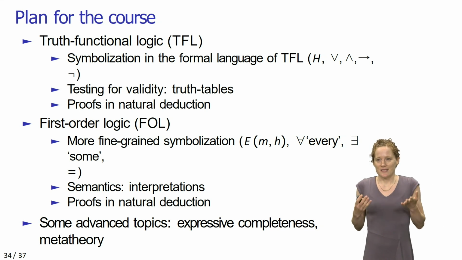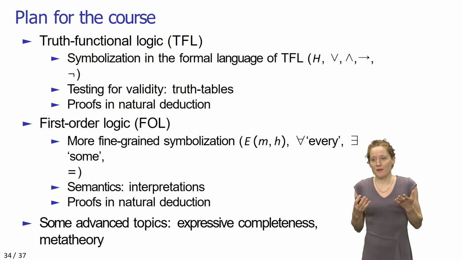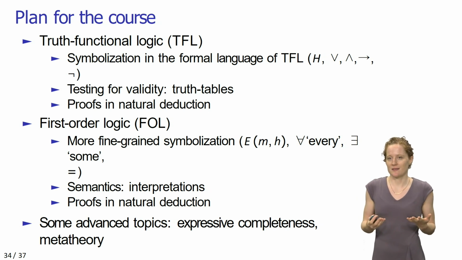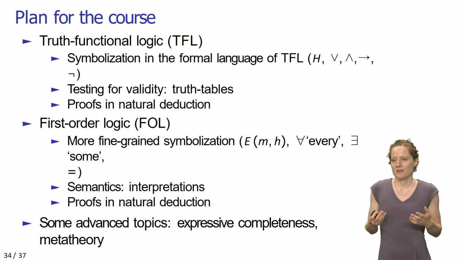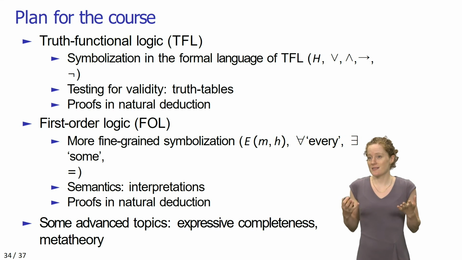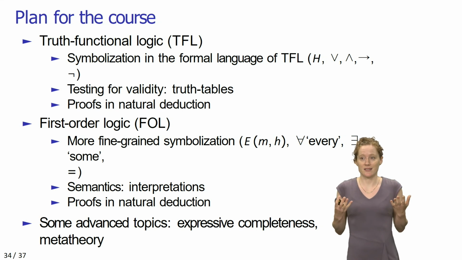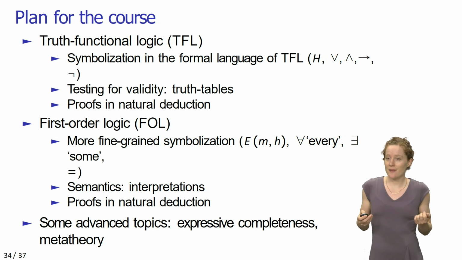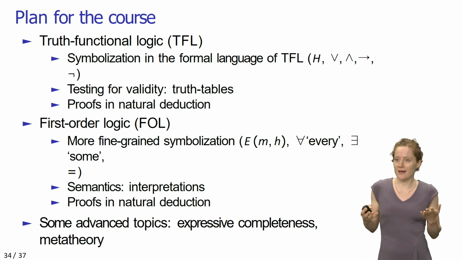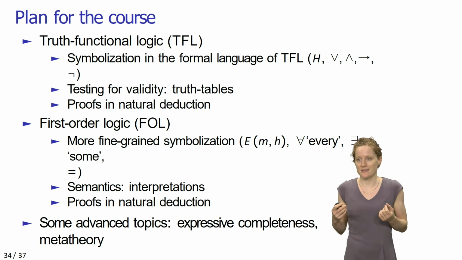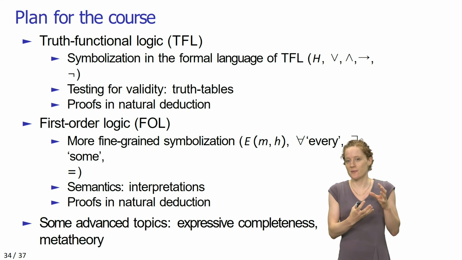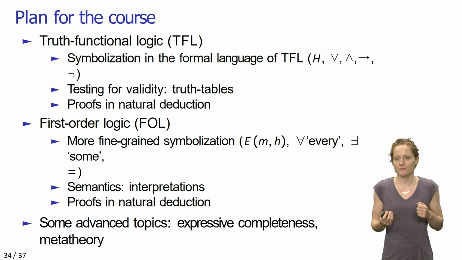Now, in TFL, we have some very basic symbols that help us to symbolize English sentences. The symbols in TFL include letters that represent entire sentences and the so-called Boolean connectives that allow us to construct more complex sentences out of the simple atomic sentences.